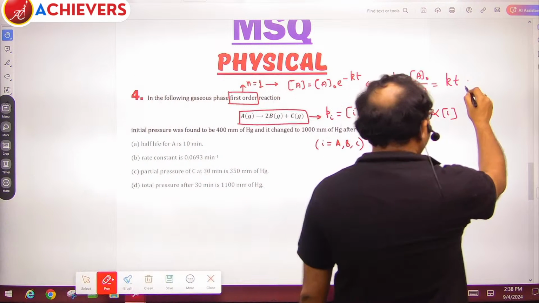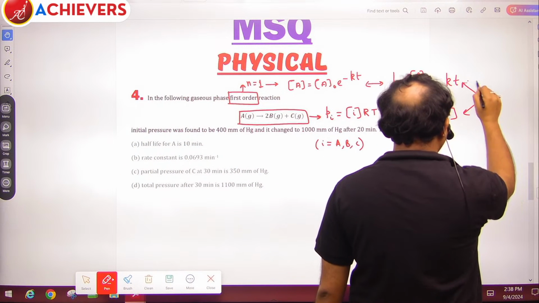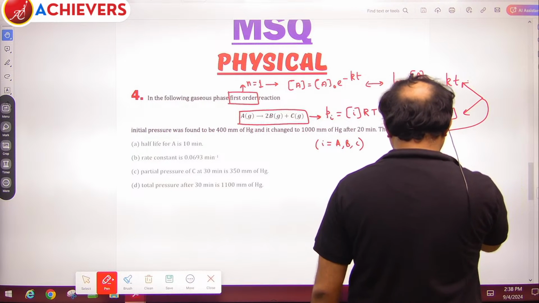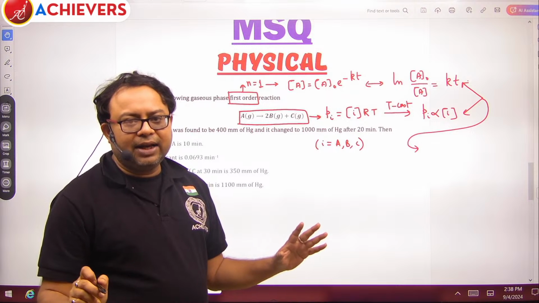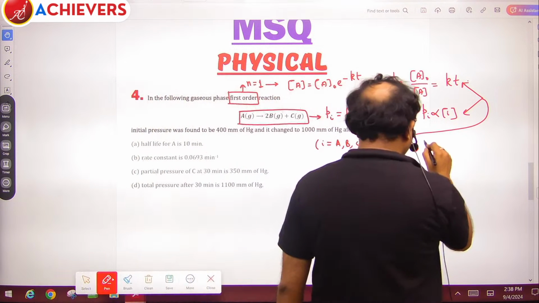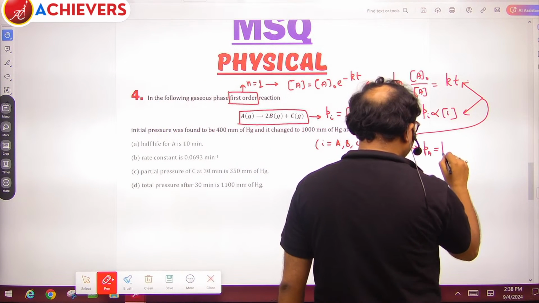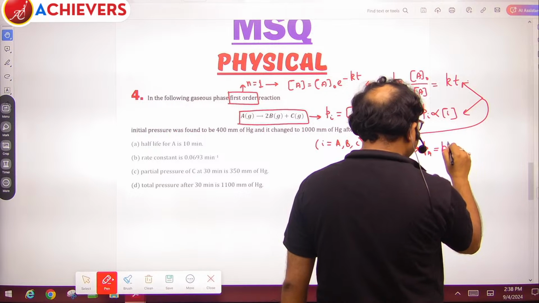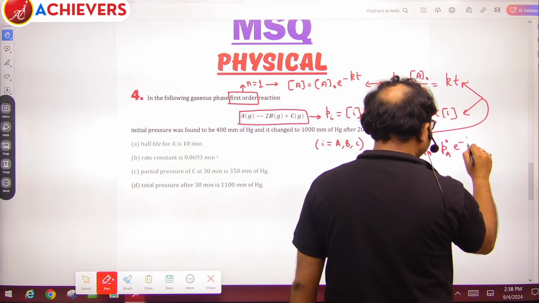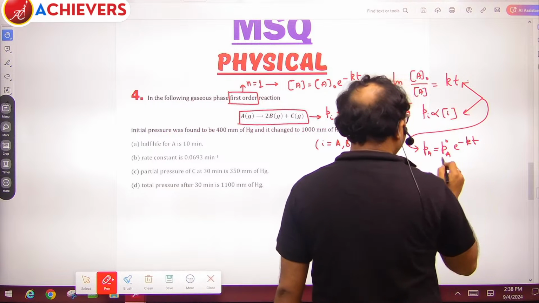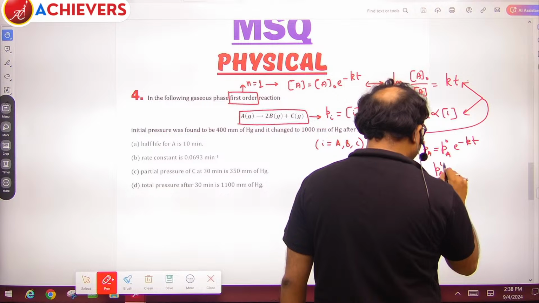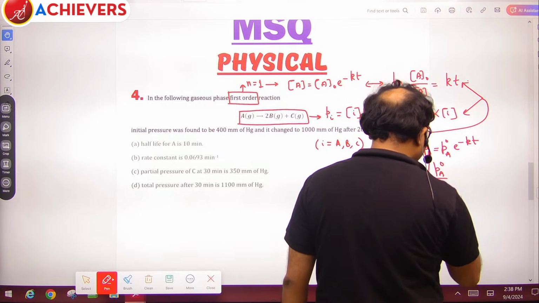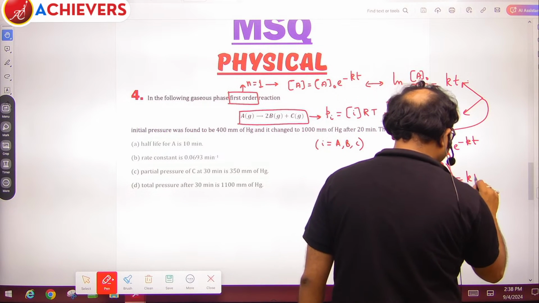So if you compare these two cases, as the proportionality constants will get cancelled out, partial pressure of A equals PA naught multiplied by e to the power minus kt, and here you can say that ln PA naught by PA is basically equal to kt.